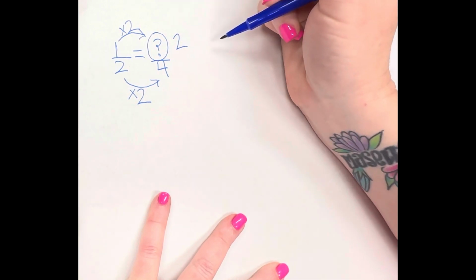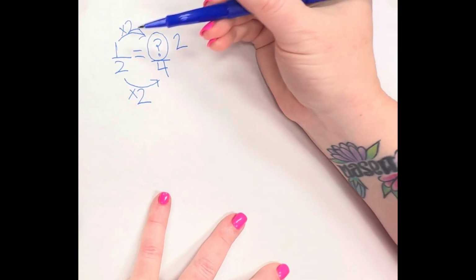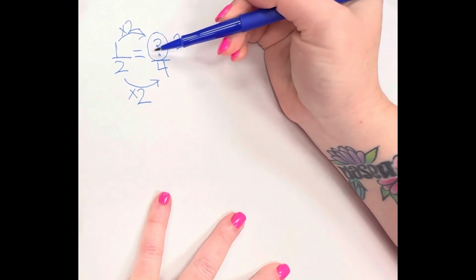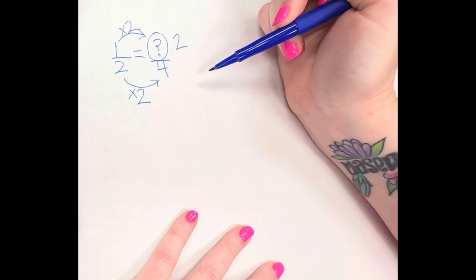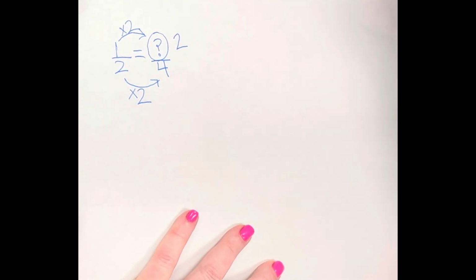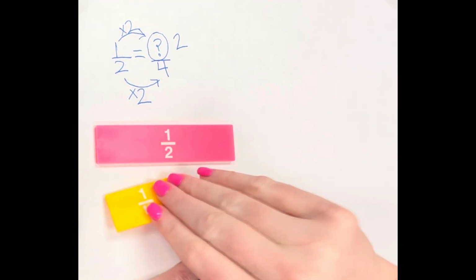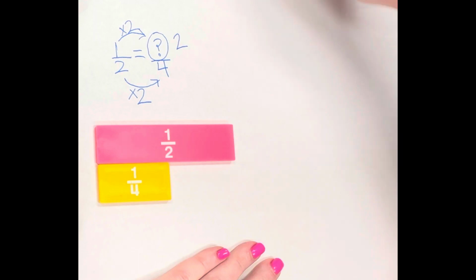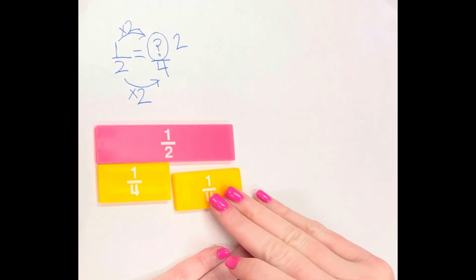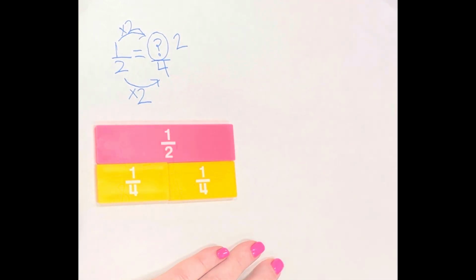So I have demonstrated without the manipulative tiles that 1/2 is equivalent to 2/4. And I can prove that by bringing back out the manipulatives to show you 1/2 is equivalent to 2/4. If you're ready to take it a step further, keep watching.